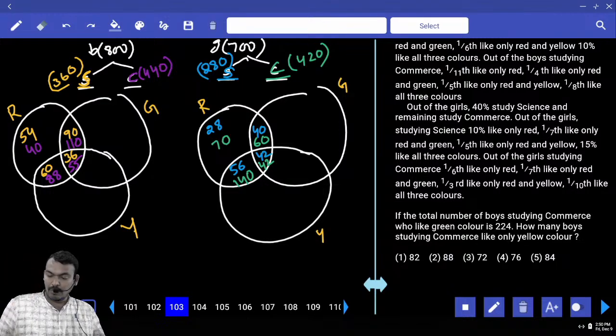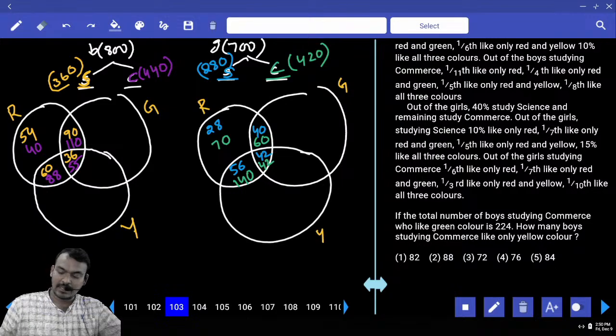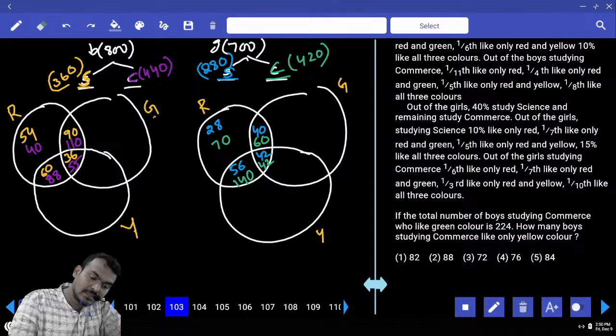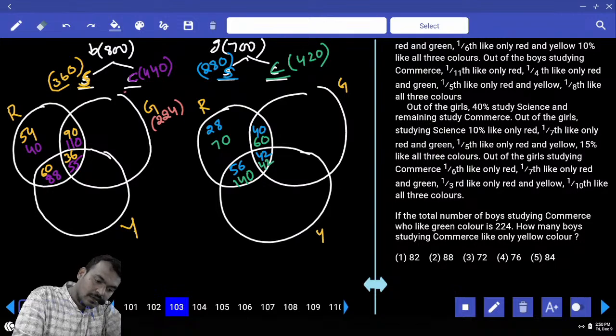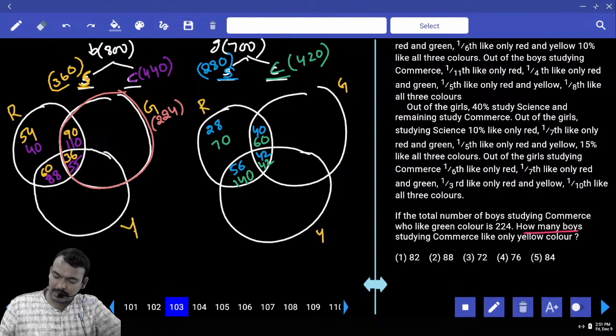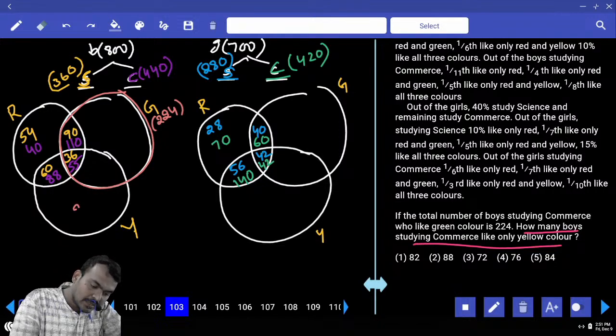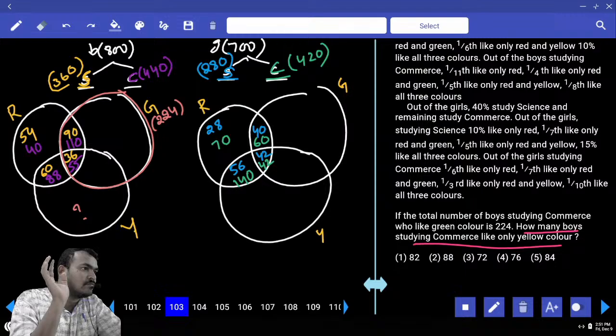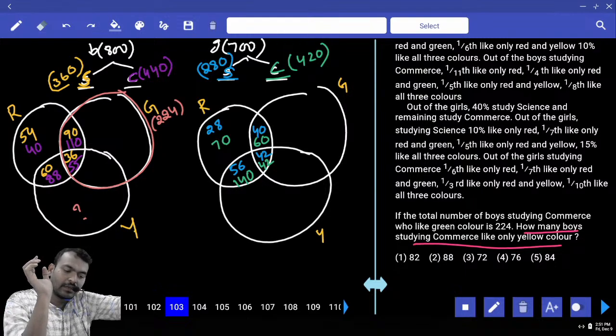Total green color is 224. What is the question here? How many boys studying commerce like only yellow color? Nothing but we required this value, or not? Yes or no?